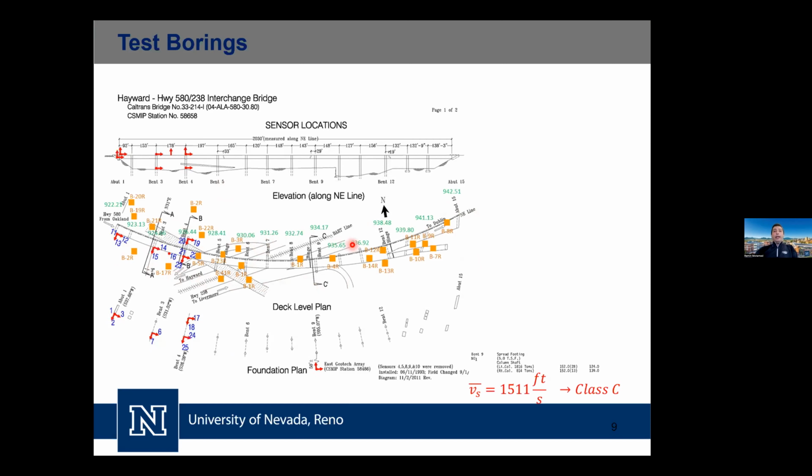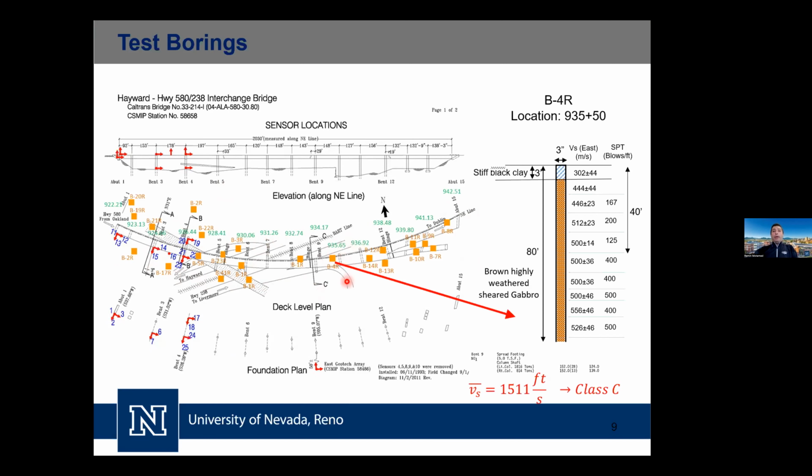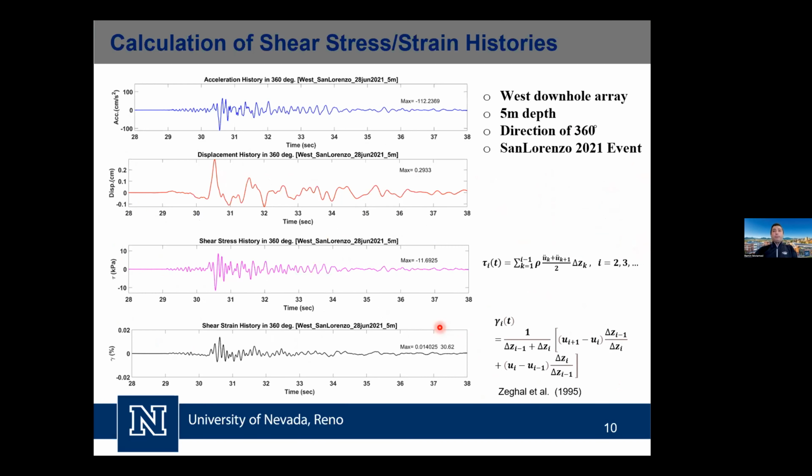They're highlighted, and going back to that bend number 4, this is just an example of the subsurface soil, typically stiff clay near the ground surface, and then weathered rock below. The information went as deep as 80 feet, which was sufficient because typically the foundations were shallower than that. And the site classification we also did, which came out as a site class.